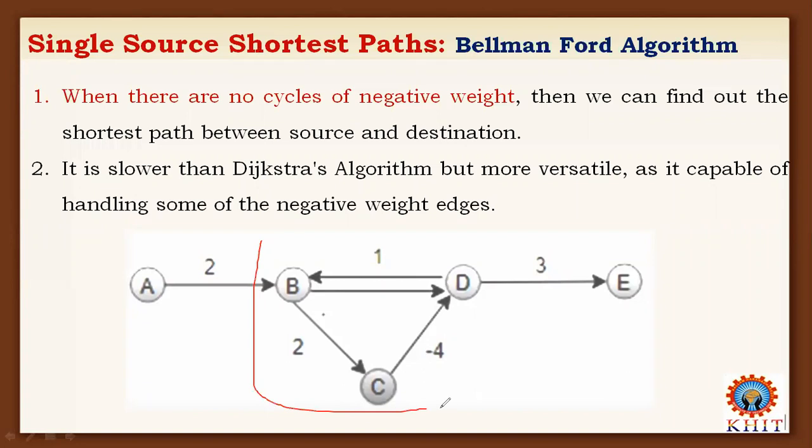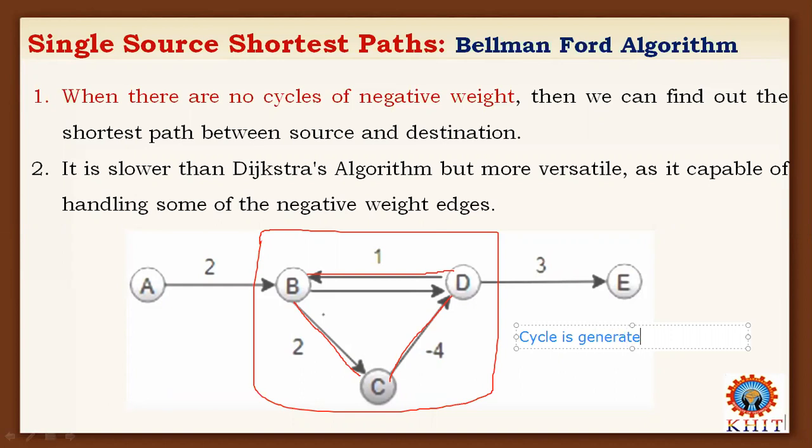Consider this part. B to C, there is a direction. C to D, there is a path. And D to A, there is a path. That means a cycle is formed here. The cycle is generated here.